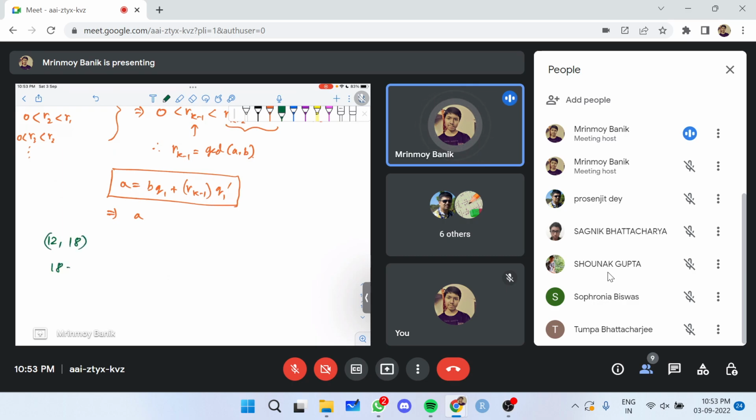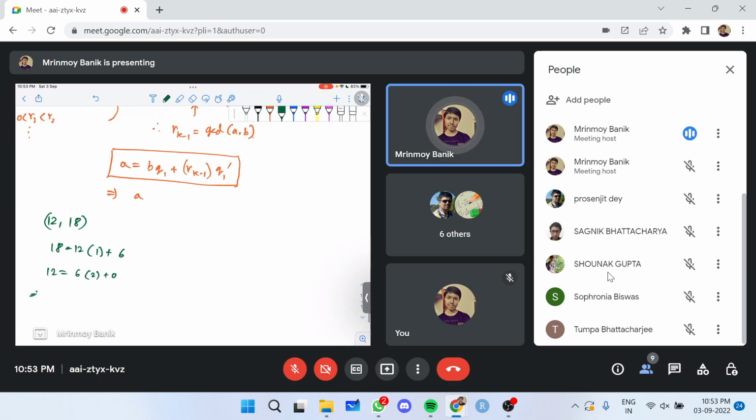So we have 18 equals 12 times 1 plus 6, and we have 12 equals 6 times 2 plus 0. So now we can replace 6 as... we are replacing the value of 12 here above.